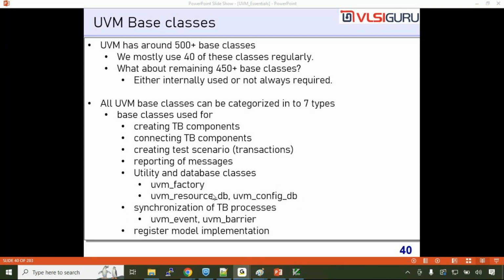This is the fifth category. Next is synchronization of test bench components.